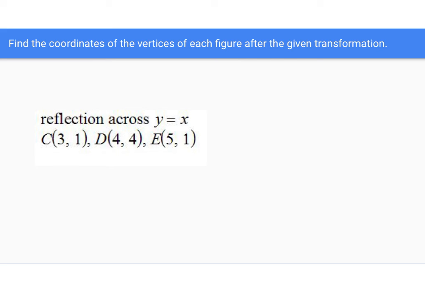Here we have the reflection across the y equals x line, and that's just a line that's cutting through your coordinate plane diagonally. So we're going to see by using our rule what are the vertices of our new image.